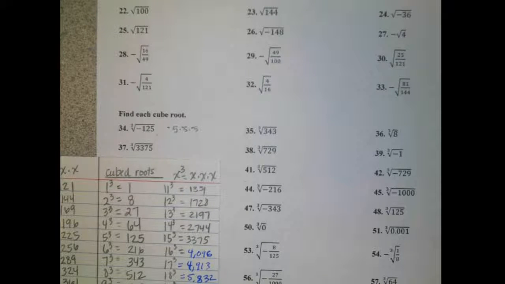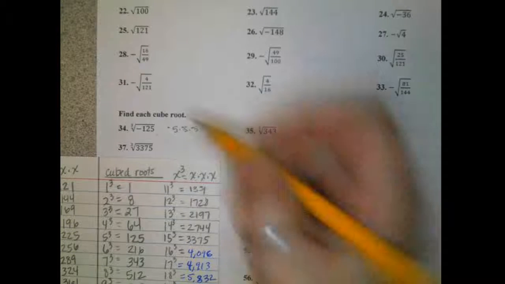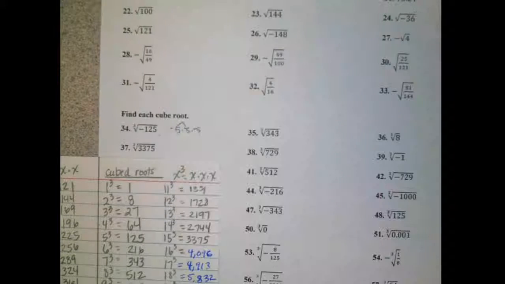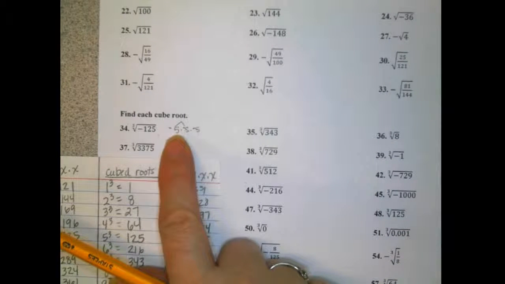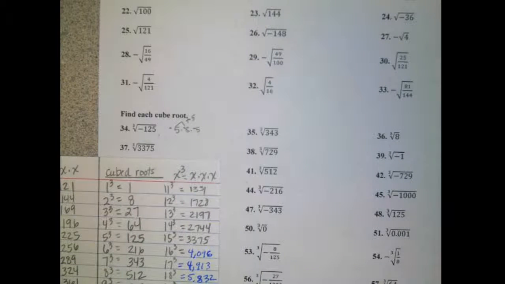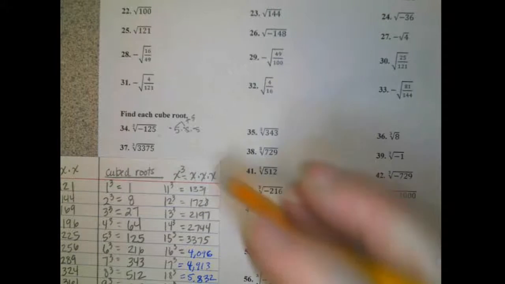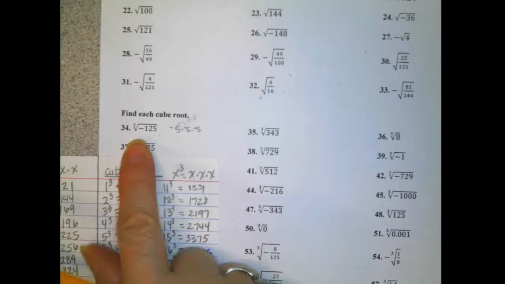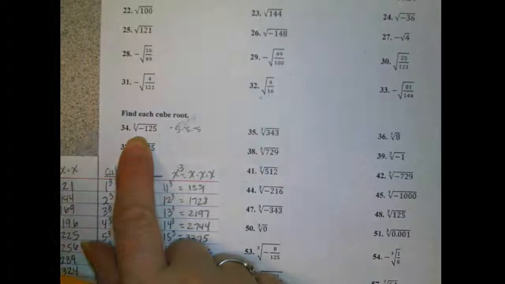Okay. This times this is going to give me a positive or negative? It's positive. So this is going to be positive 5. What is positive 5 times negative 5? It's a negative.